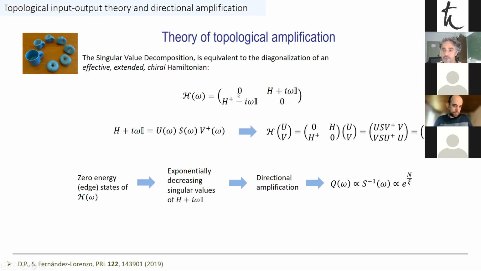So what happens if this guy has an edge state? Well, if there is a zero energy edge state of H, this means that there is a zero singular value. But remember that the Green function depends on the inverse of the singular value. So if there are edge states of H, there are singular values on Q, and this leads to exponential amplification of the response function, the Green function Q.